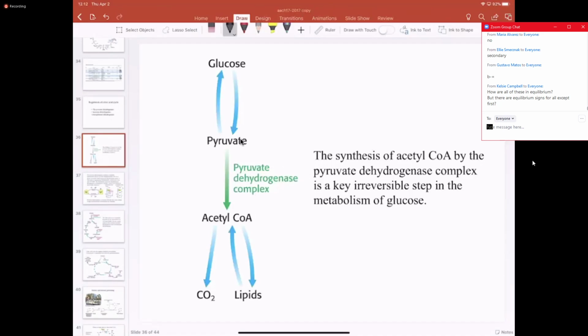The synthesis of acetyl-CoA is regulated by the pyruvate dehydrogenase complex. This is very important because once you make acetyl-CoA, you cannot go back to making glucose. So this is a relatively irreversible step and therefore is relatively highly regulated.